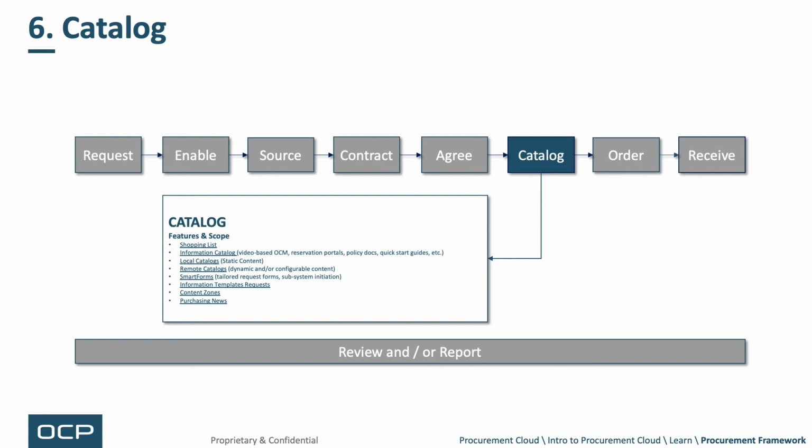Local is catalog items that are in Fusion, remote or punch out, catalog items that are somewhere else on the vendor. Then you have smart forms, also found within the cataloging tile or function of Fusion. But smart forms are a little bit different. They could be used to capture additional data on a non-catalog request, or even initiate a subsystem like market data or facilities.